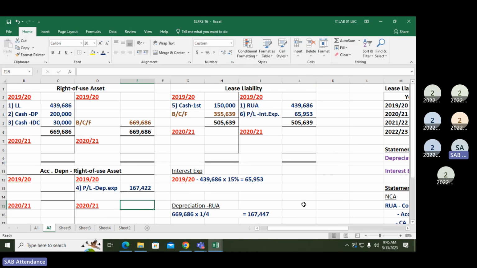So you can credit accumulated depreciation and debit P&L.